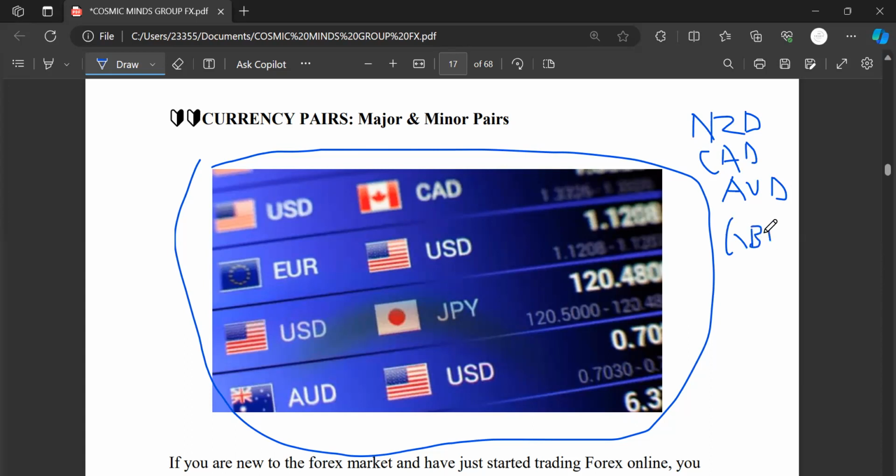So I think there are about 8 or 7 of them, right? It means that if any currency pair that you see has one of these forming part of it, that currency is a major one. So have a look at them well, and then you see the way forward.